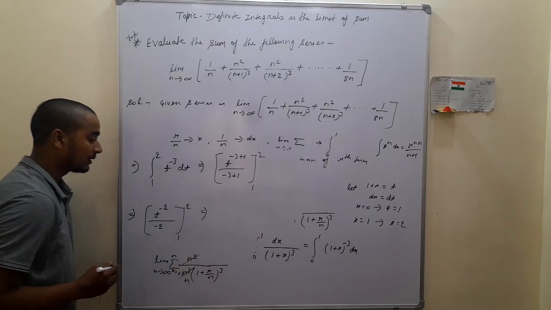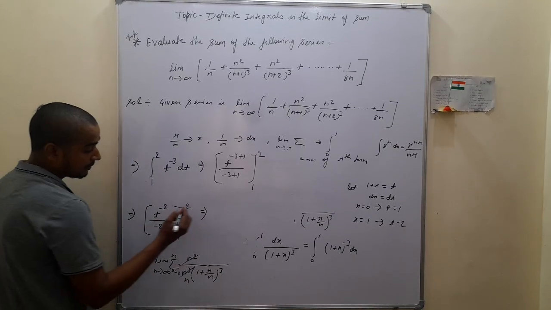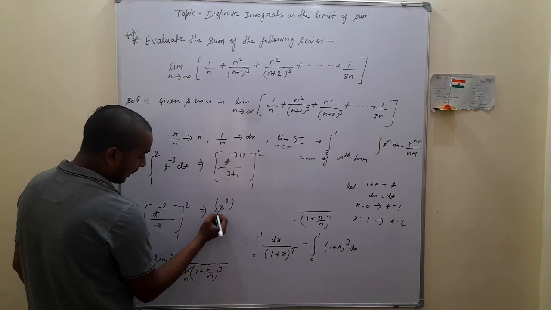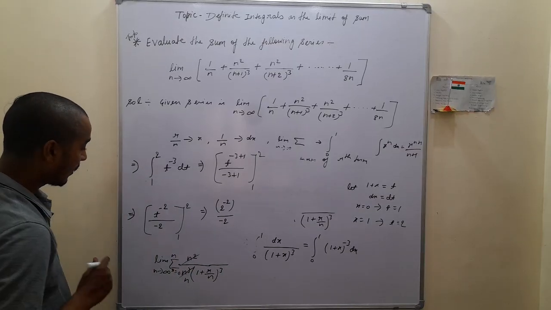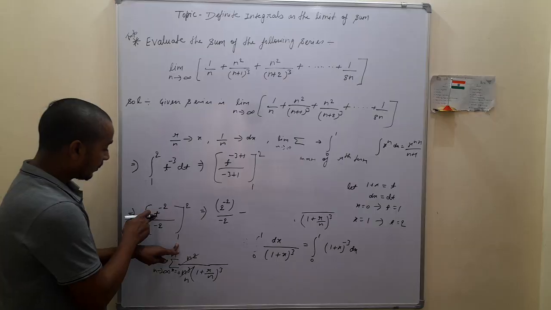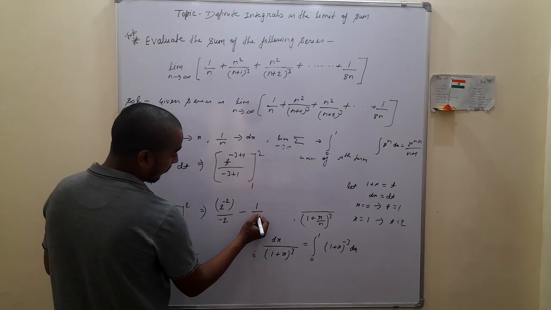First we apply the upper limit, putting t is equal to 2, we get 2 to the power of minus 2 upon minus 2. When we put the lower limit t is equal to 1, 1 to the power minus 2 is 1, so we write 1 upon minus 2.